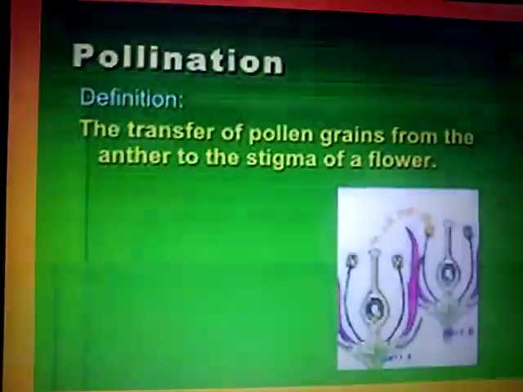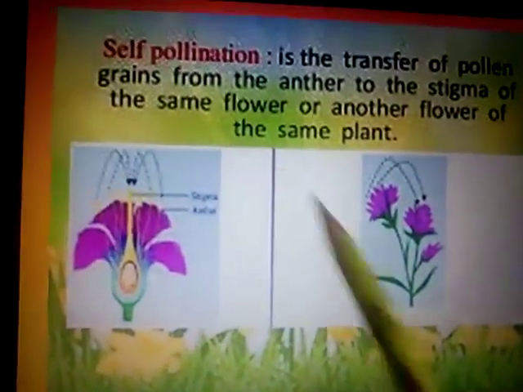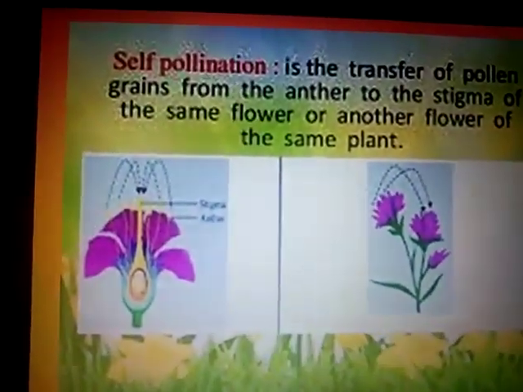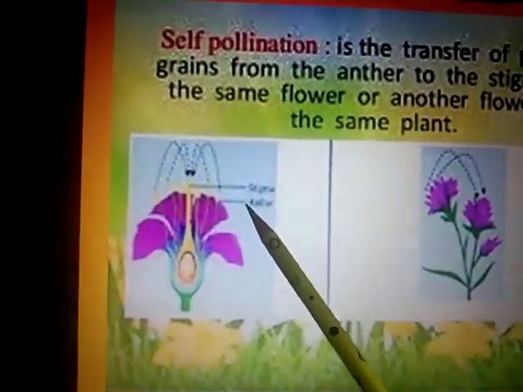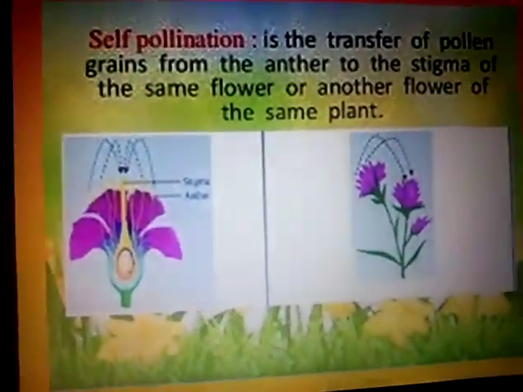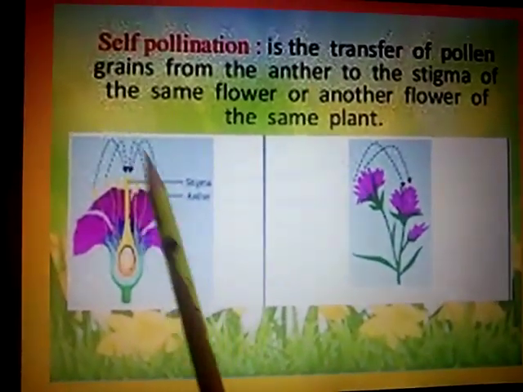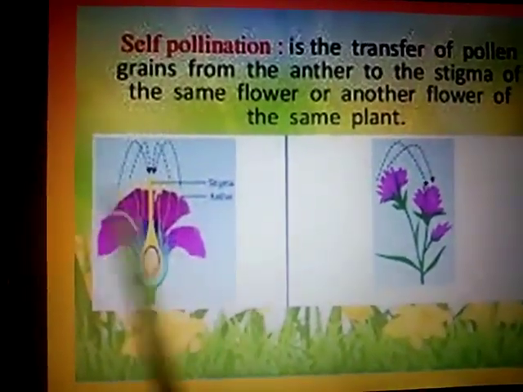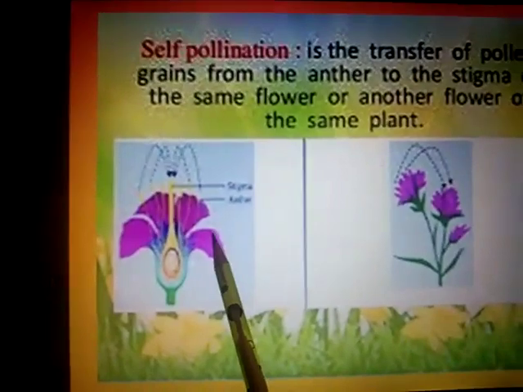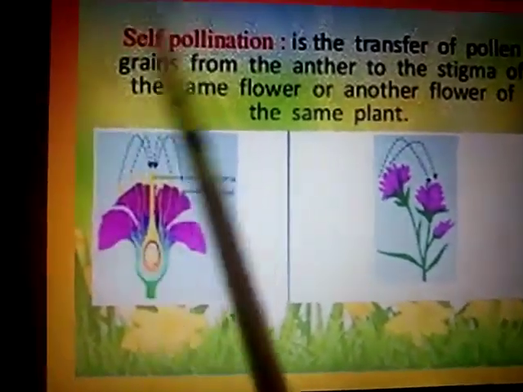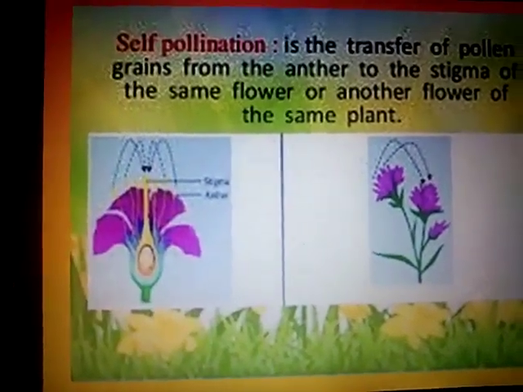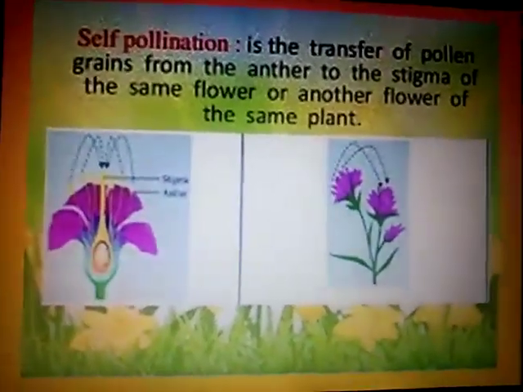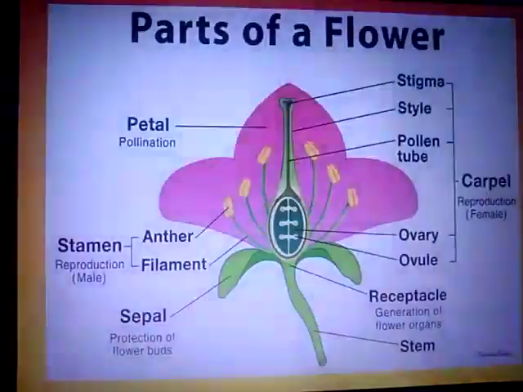Now, generally there are 2 kinds of pollination, self pollination and cross pollination. Self pollination is done in the flowers which have both the parts, the male part and the female part. Generally, there are 2 kinds of flowers, a complete flower and an incomplete flower. A complete flower is a flower which has got both the parts.